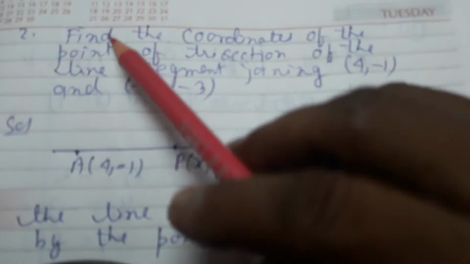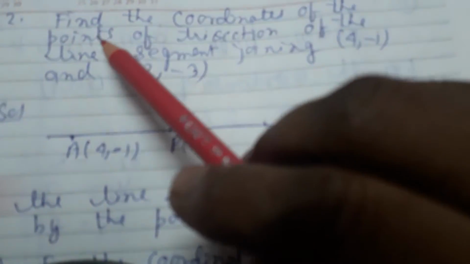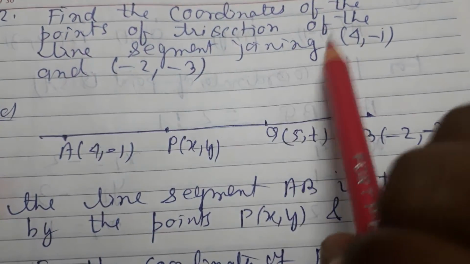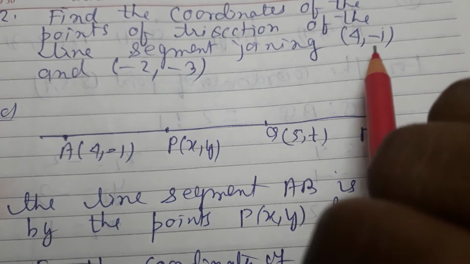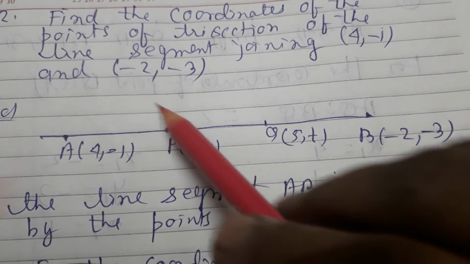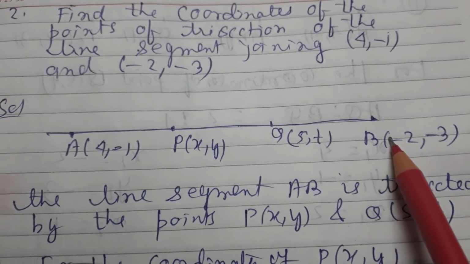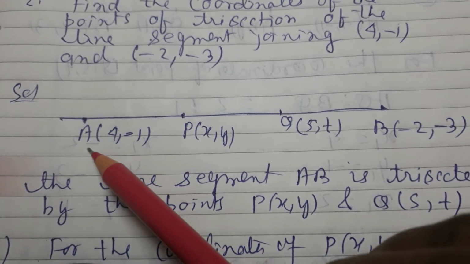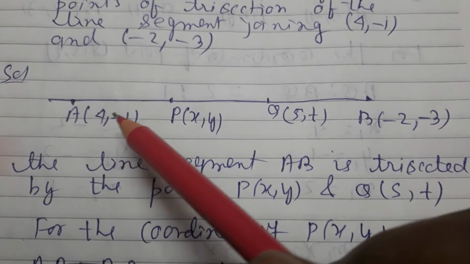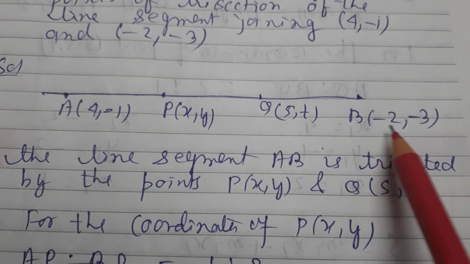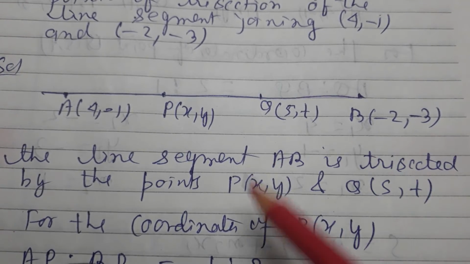Now question number 2. Find the coordinates of the points of trisection of the line segment joining (4, -1) and (-2, -3). Now AB is the line segment. The coordinate of A is (4, -1) and the coordinate of B is (-2, -3).